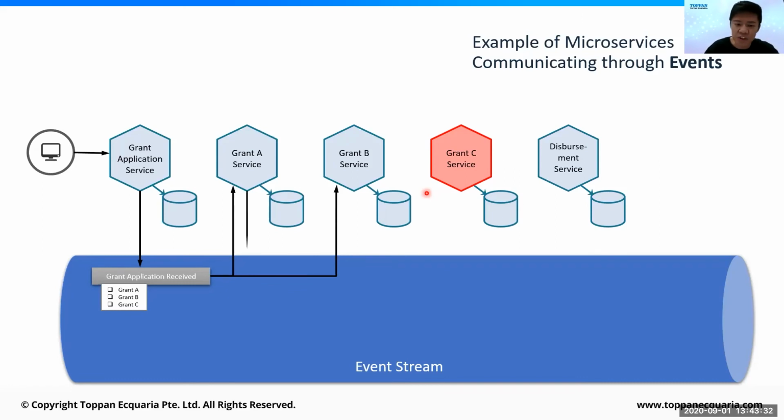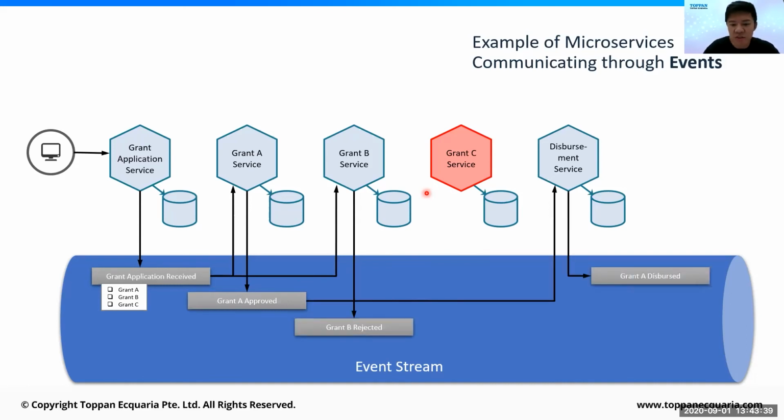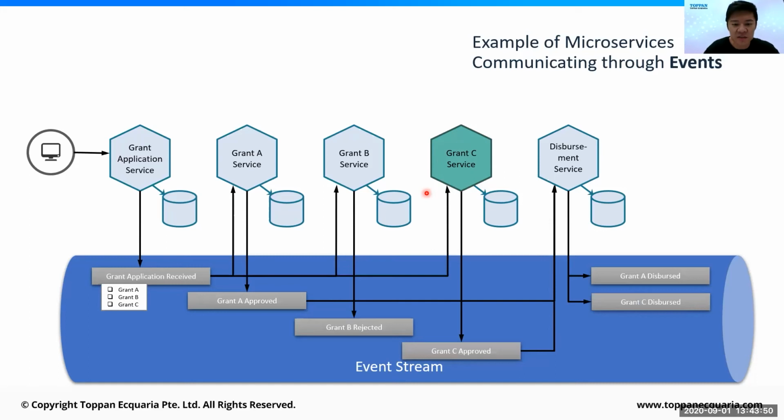And they can even proceed to process applications without waiting for grant C. They may even proceed to disburse the grants if the business allows it, right? Even if grant C is unavailable. When grant C recovers from its service failure, it will pick up what it needs to process from the event stream and continue its process.